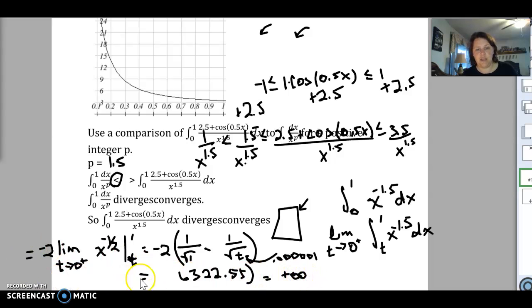So if this equation is less than the equation that we're looking at, our interested one, and an equation less than this is diverging to infinity, then this one also is. So our smaller equation diverges, which also means that our original equation also diverges. Okay, and that's it for examples for this section.